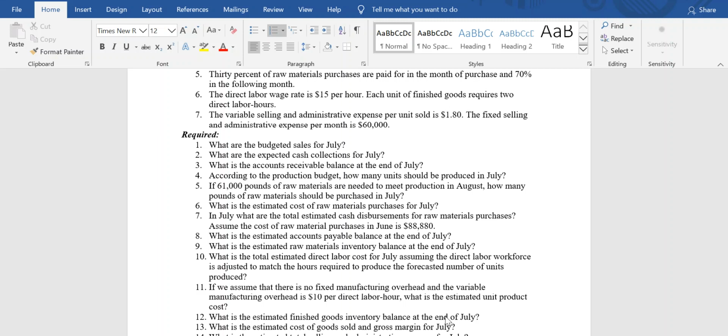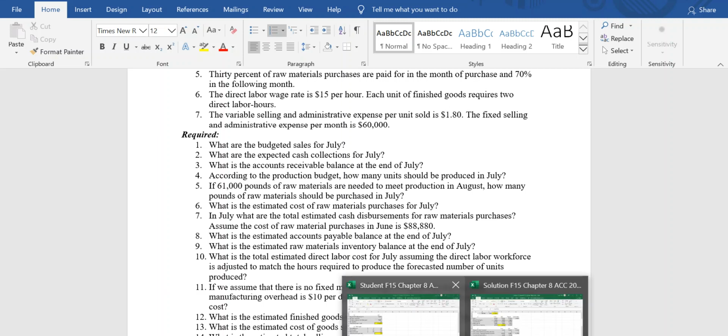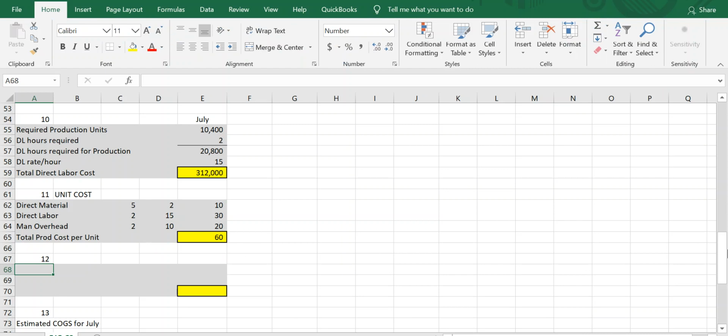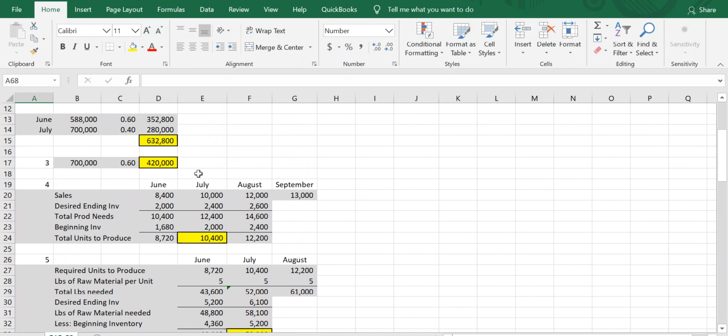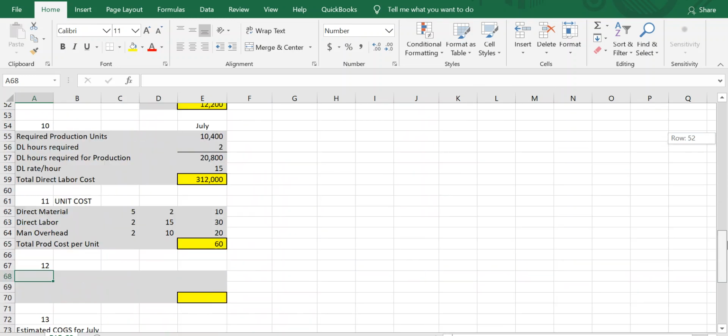So we're really looking at the ending balance on a per unit basis. And if we go back to our earlier calculation up here, we said the ending inventory balance in units is 2,400 based on our production needs in August.